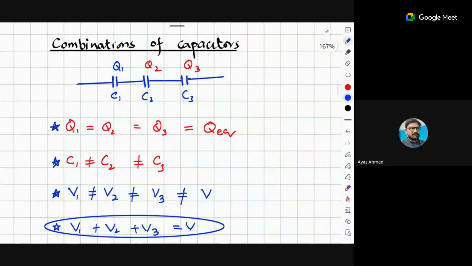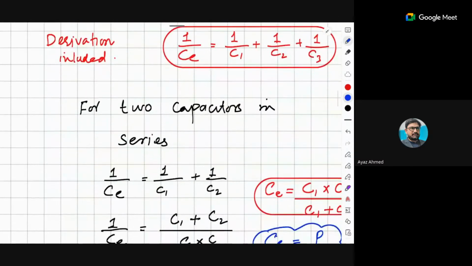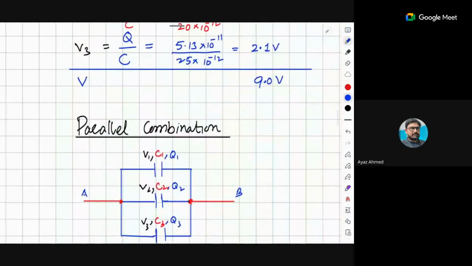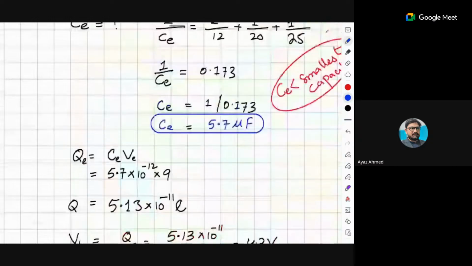Then right after that we have the topic of combinations of capacitors. So guys, there are two combinations of capacitors. One is your series combination and the second one is your parallel combination. I will talk about series first and then we have the parallel combination.